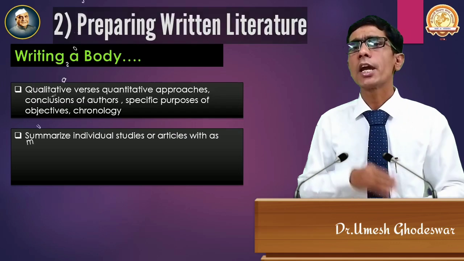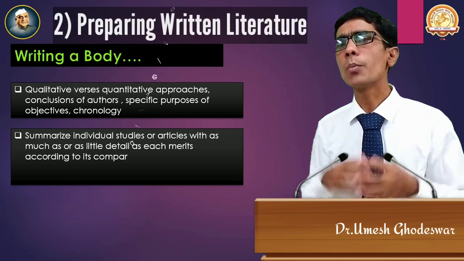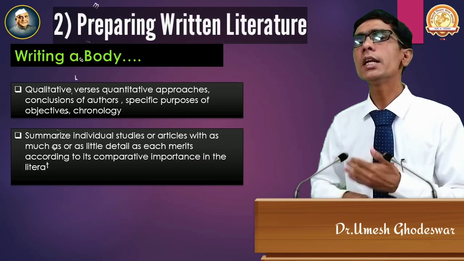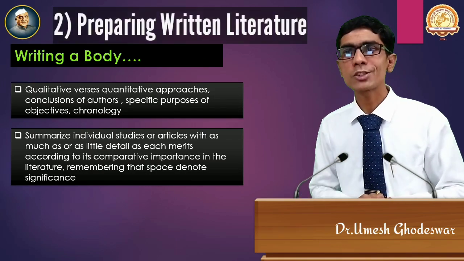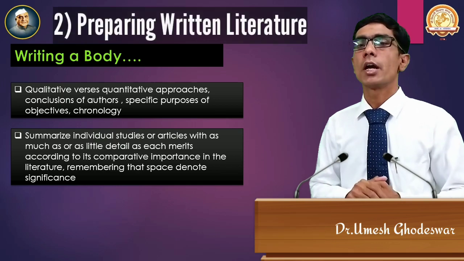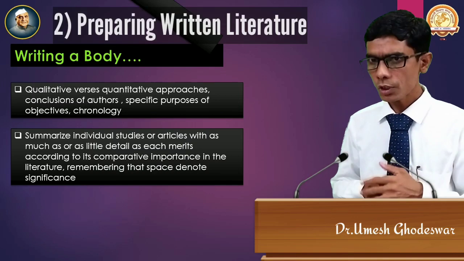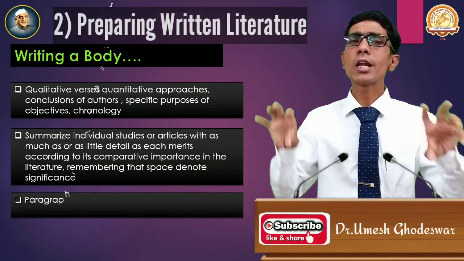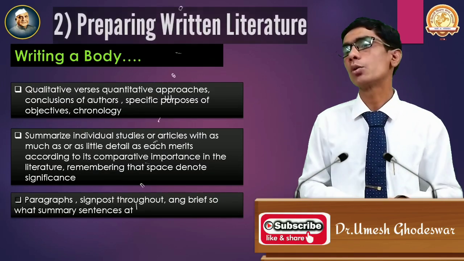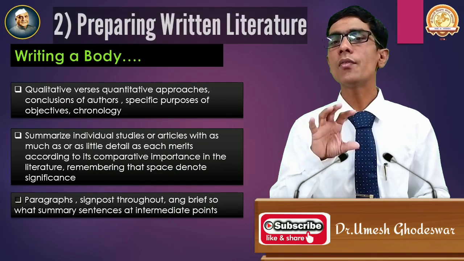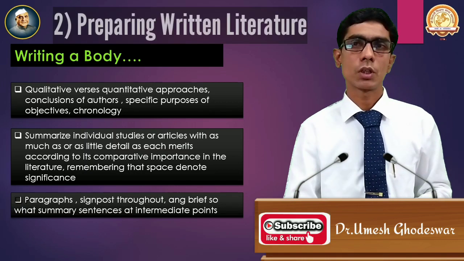Then summarize individual studies or articles with as much or as little detail as merited according to their comparative importance, and assist the reader with a strong umbrella sentence at the beginning of paragraphs, signposts throughout, and a brief "so what" summary sentence at the intermediate points also.